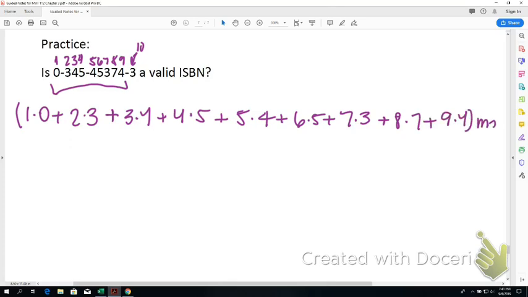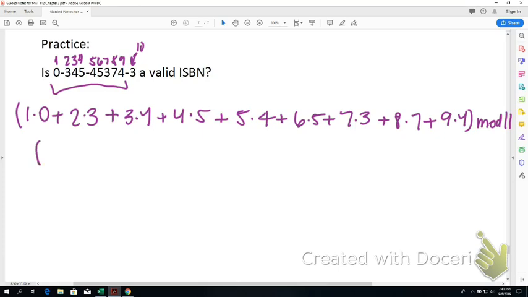And then we have to do mod 11. You could do a lot of things for this. You could do the theorems if you wanted to. I prefer just to multiply each number, get a big sum in my calculator, and then do long division to get the remainder.